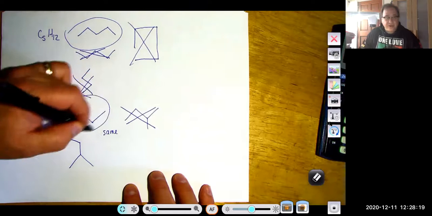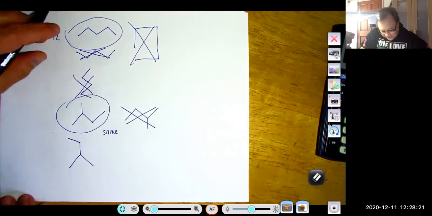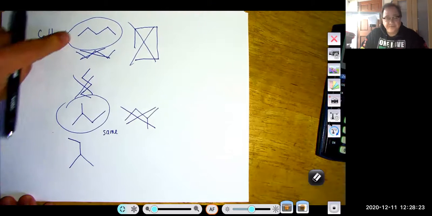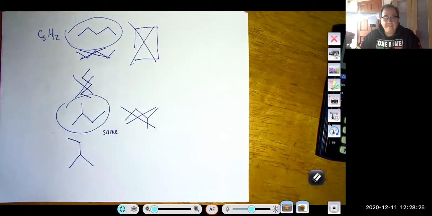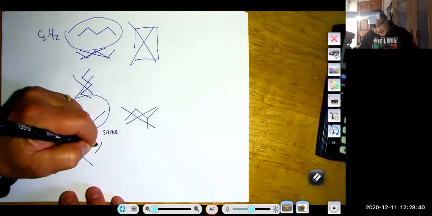So I'm asking you a question. It's a yes, no. Is this a structural isomer of these 2? And the answer is these are the same.